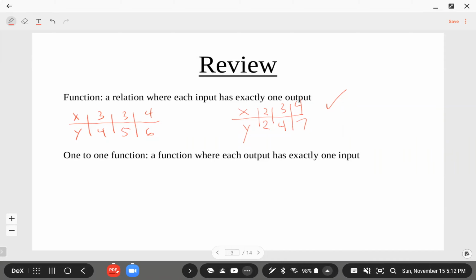Let me clear up this definition. As you see, this is a function, right? This is a function.